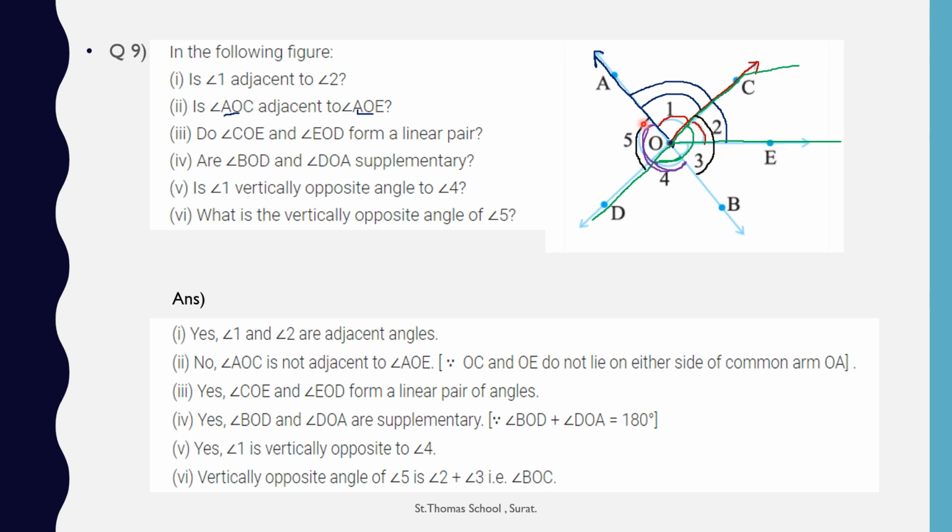The vertically opposite angle of angle 5 is angle 2 plus angle 3, that is angle BOC, 2 and 3, both these angles. That means angle BOC. Is it clear?